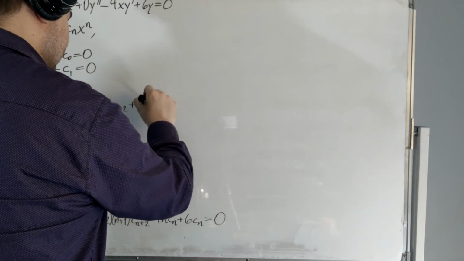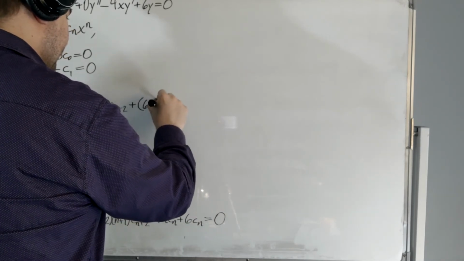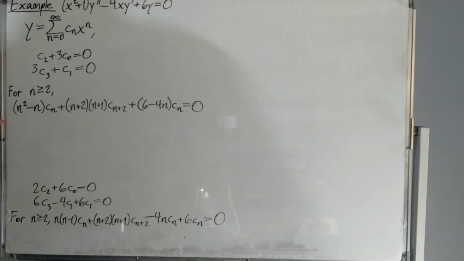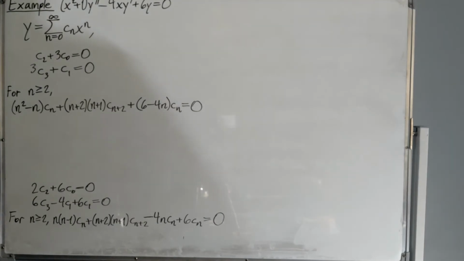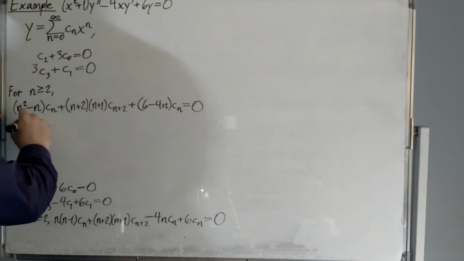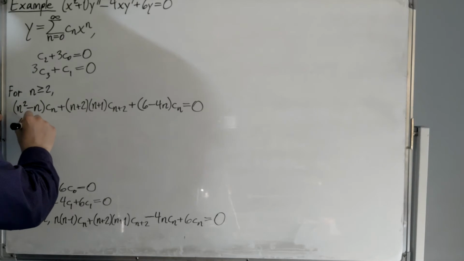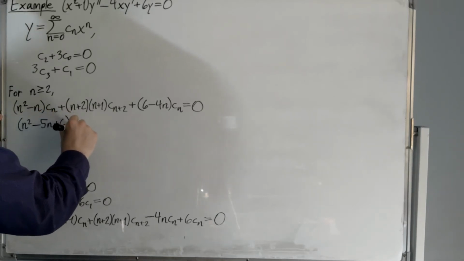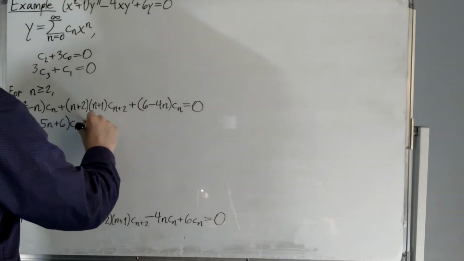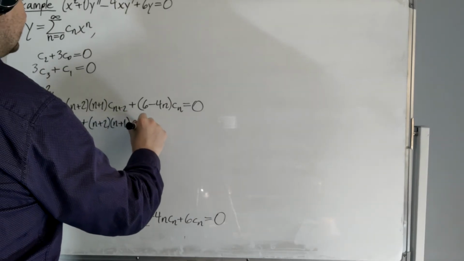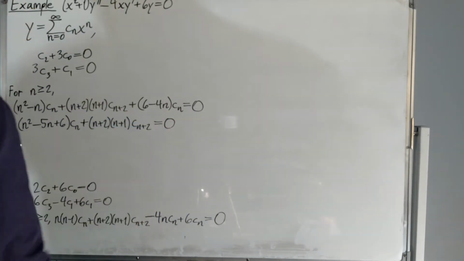Then plus 6 minus 4n Cn equals 0. We have these like terms that we can combine. So what we'll get here is n squared minus 5n plus 6 Cn plus n plus 2 times n plus 1 Cn plus 2 equals 0.